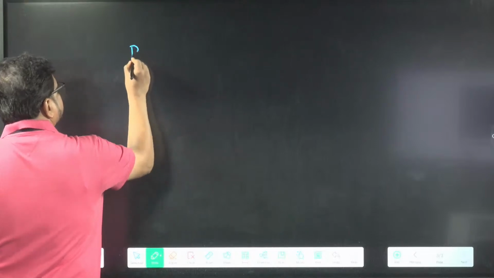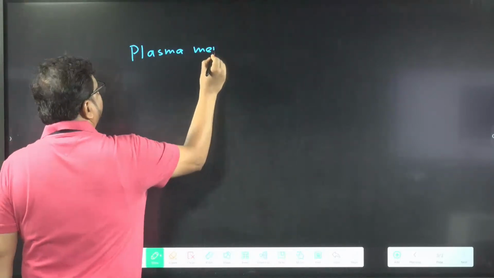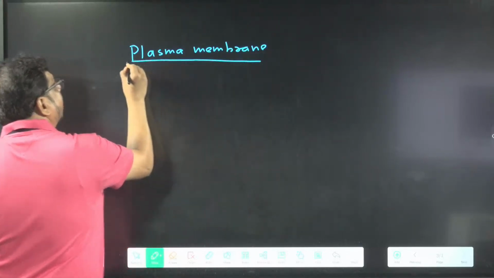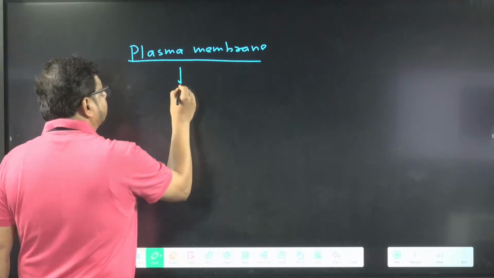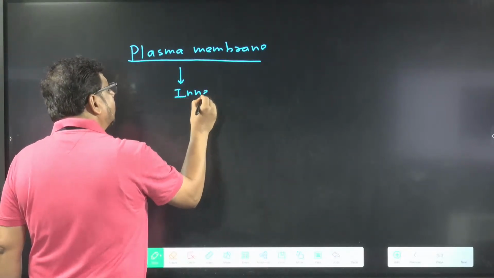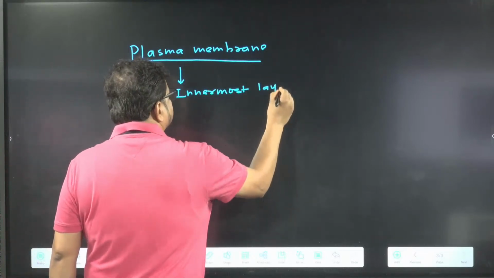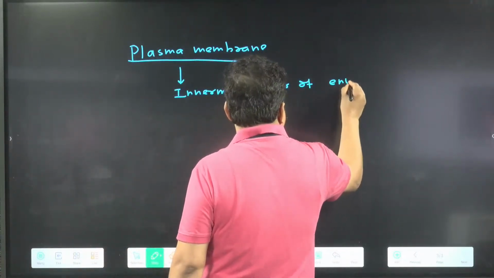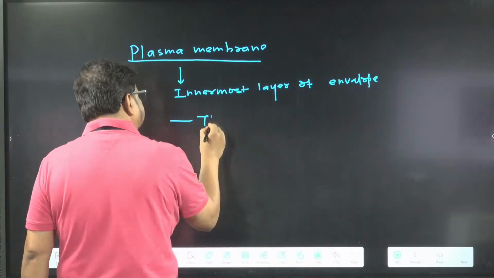So now we are going to talk about the plasma membrane, the third layer of the envelope. It is the innermost layer of the envelope, and it is thin and elastic.